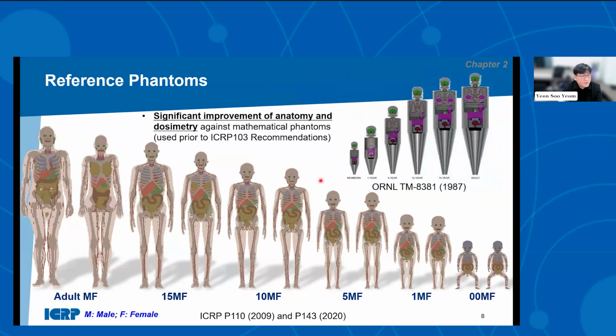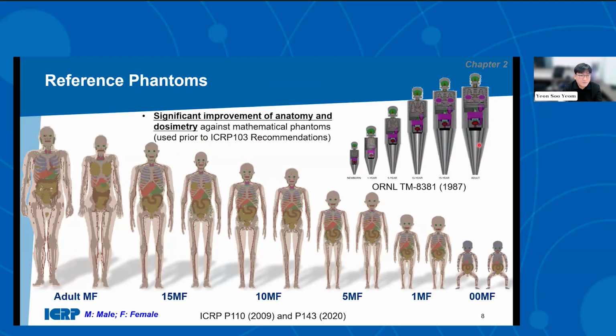So these reference voxel phantoms significantly improve the anatomy and therefore the dosimetry, especially when compared with the previously used mathematical phantoms. Mathematical phantoms were previously used for the ICRP dose coefficient calculations before the ICRP 103 general recommendations.